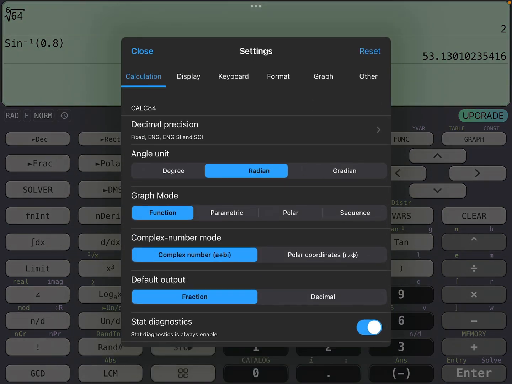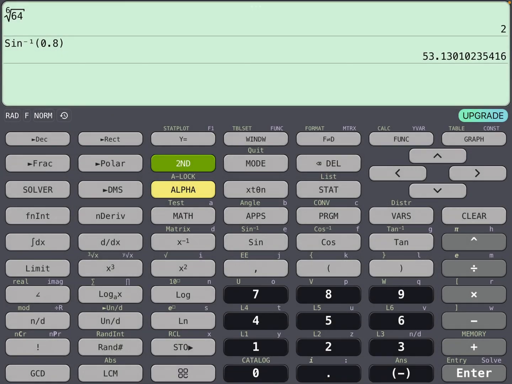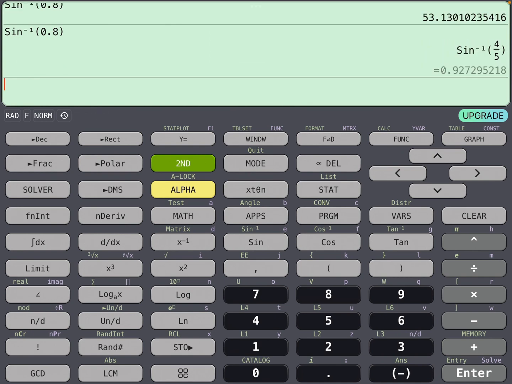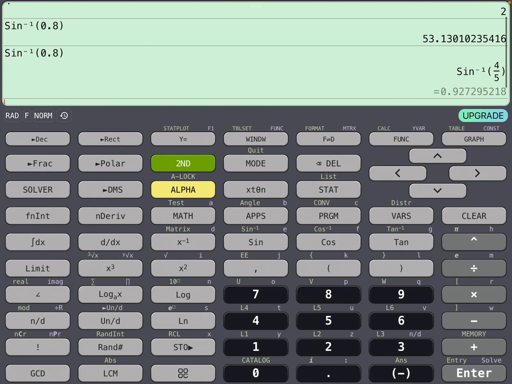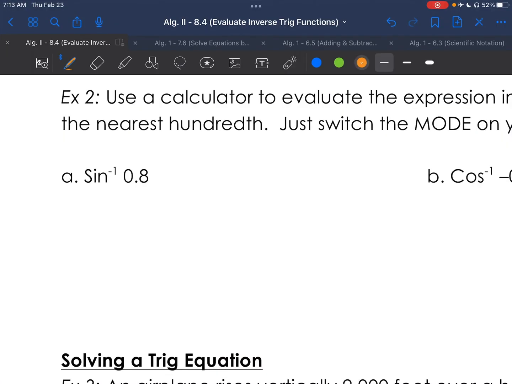And then if I switch the mode to radian, and now it says I'm in radian over here, and I do the same thing, I just hit enter again, and it does the same problem, inverse sine of 0.8, but this time it gives me a completely different answer. It says now in radian, that's 0.93 to the nearest hundredth. And so those are my two different answers, and it converted it for me. So it's 53.13 degrees, aka 0.93 radians.